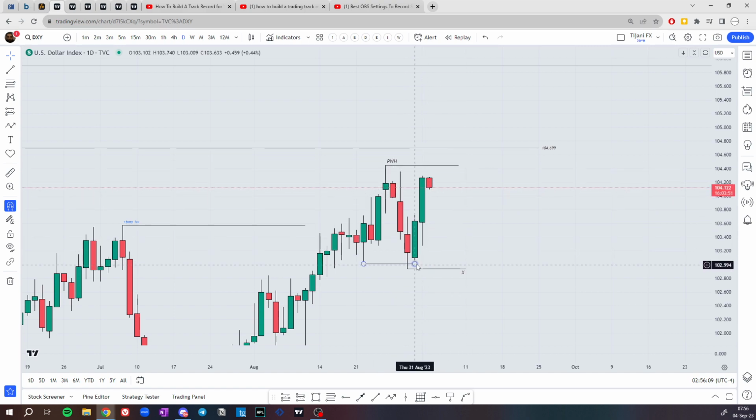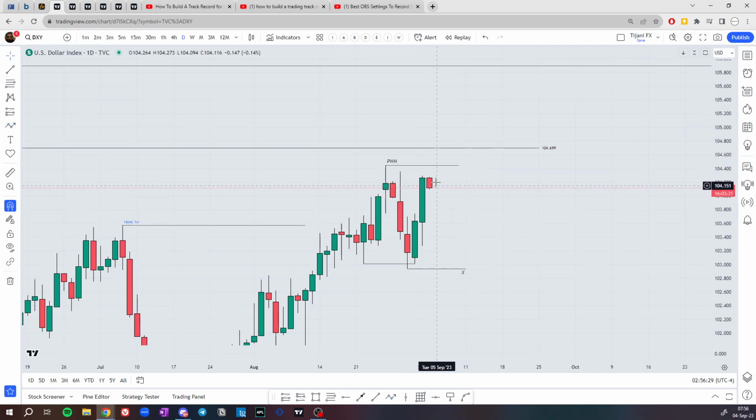For me, on Monday I want to see Monday drop lower or retrace a little bit lower to discount, then Tuesday the low of the week, a break of market structure the next day, then a continuation higher like this.